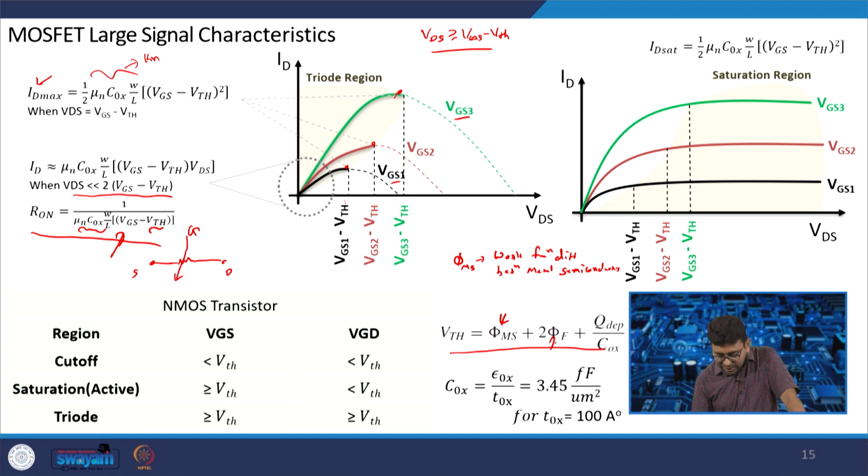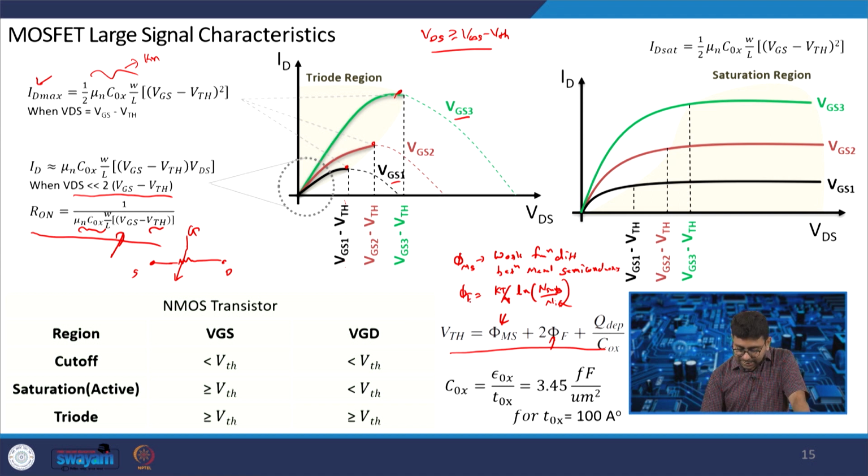Then there is the Fermi potential phi f, which is given by kT by q ln of N substrate by Ni, where N substrate is the substrate doping density and Ni is the intrinsic material density.